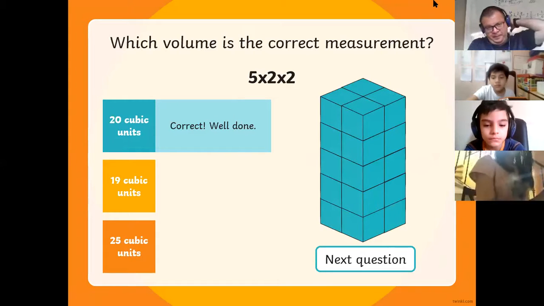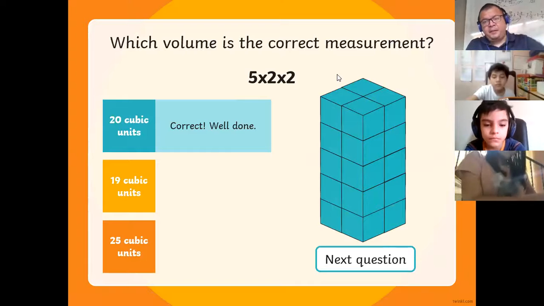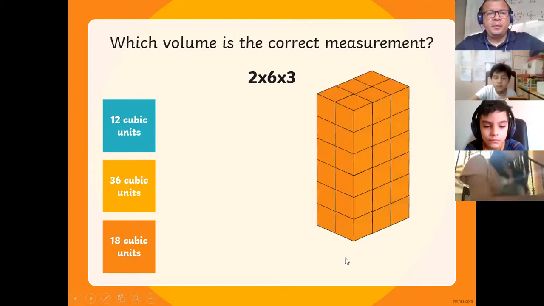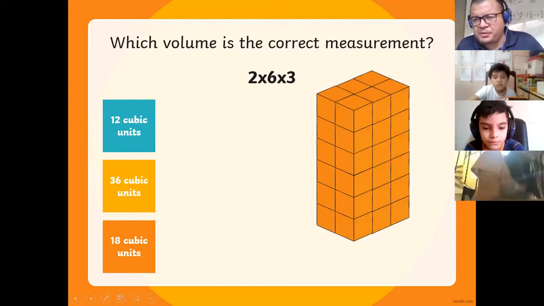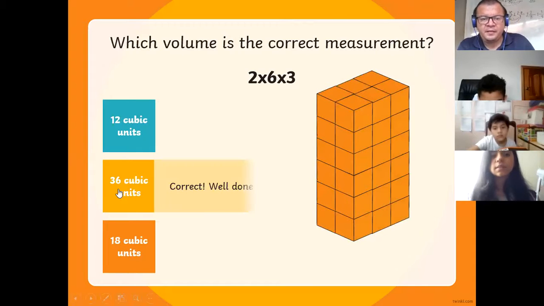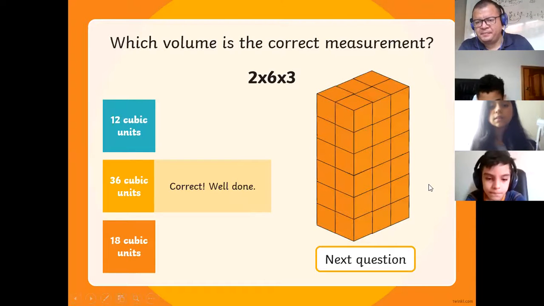Very good. Okay. This one. Which volume is the correct measurement? 2 times 6 times 3. It's 36. Let's see the next one.